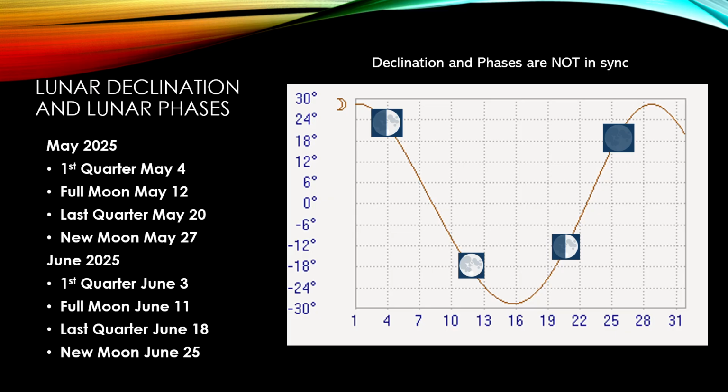So if we say this is for May, you can see that we have the moon here at a first quarter, then a full moon, then the last quarter, and then a new moon. And so it'll be just slightly off sync with every cycle.